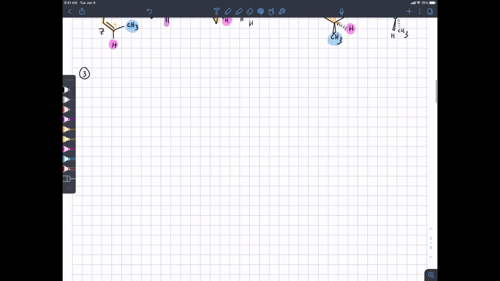So we're going to talk about issue number 3, which is diastereoselectivity. And this is the relationship between substituents on the diene with substituents on the olefin.